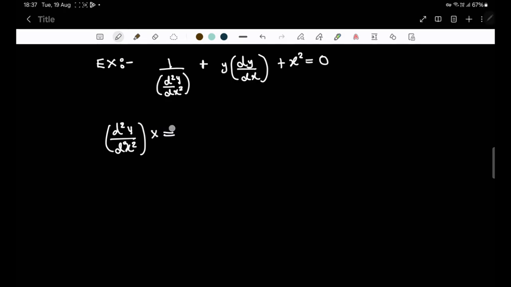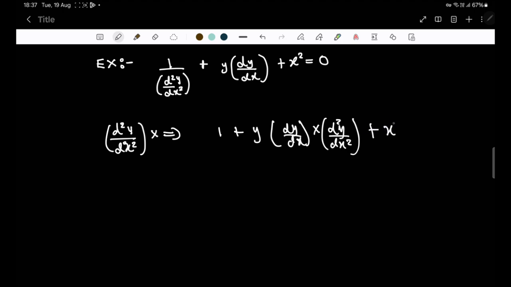We multiply the whole equation by d squared y over dx squared. We can get this.